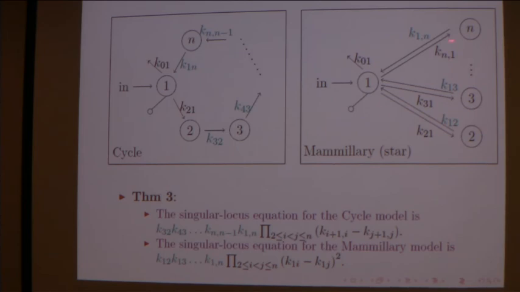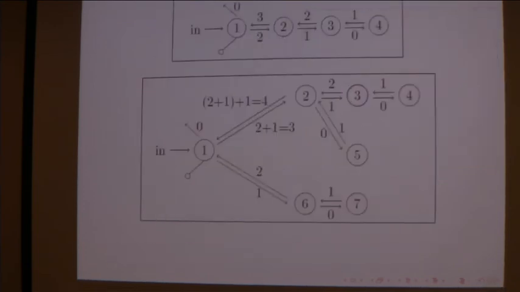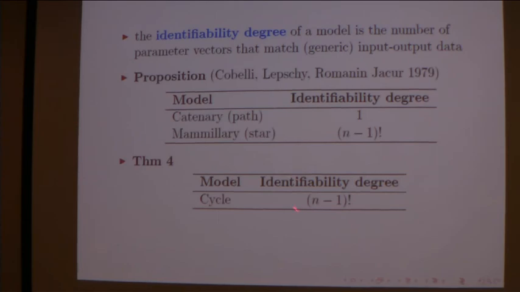So n-1 factorial is completely unsurprising there. Then what we did is the cycle one, which again is n-1 factorial, which captures the fact that the cycle has a symmetry, but in some sense the symmetry is broken when you pick compartment 1. So it was a little bit mysterious. We had to prove it to get to this degree here.